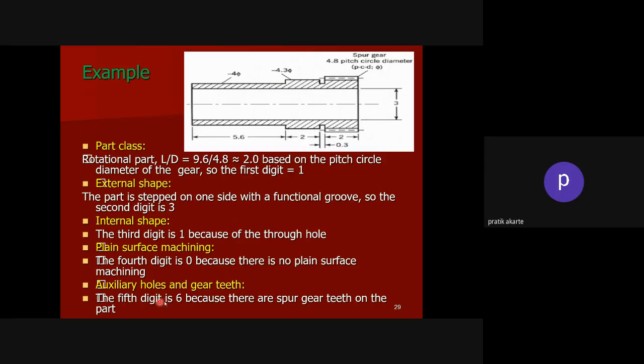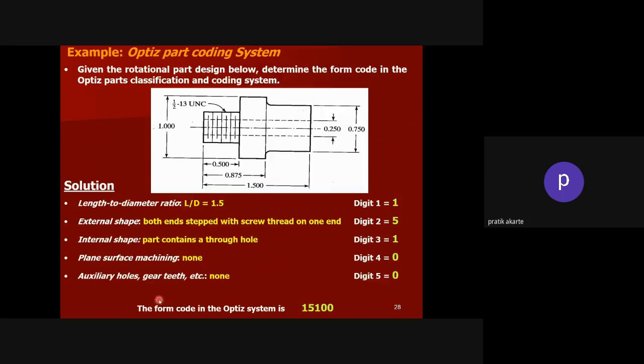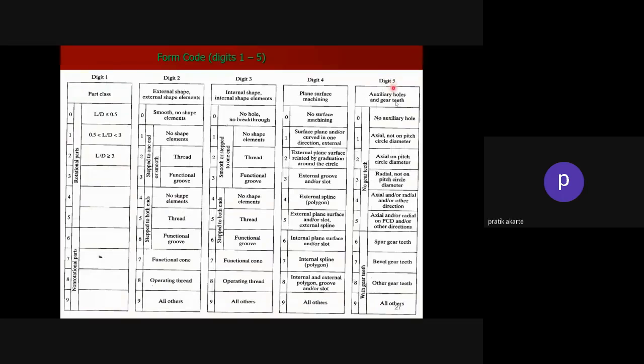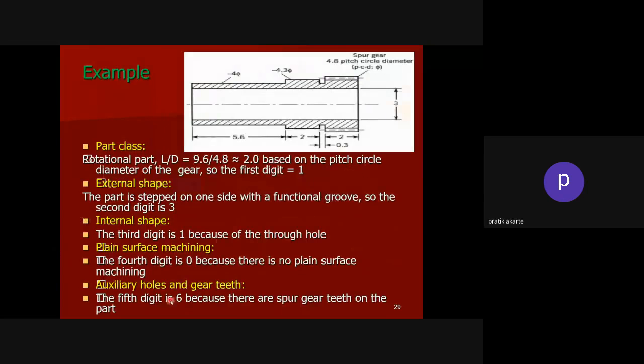So the fifth digit is 6 because there are spur gear teeth on the part. So let us see the fifth digit. Spur gear teeth is number 6. So that's why we'll be using number 6 at the fifth position. So the code for this part in this system is 13106.